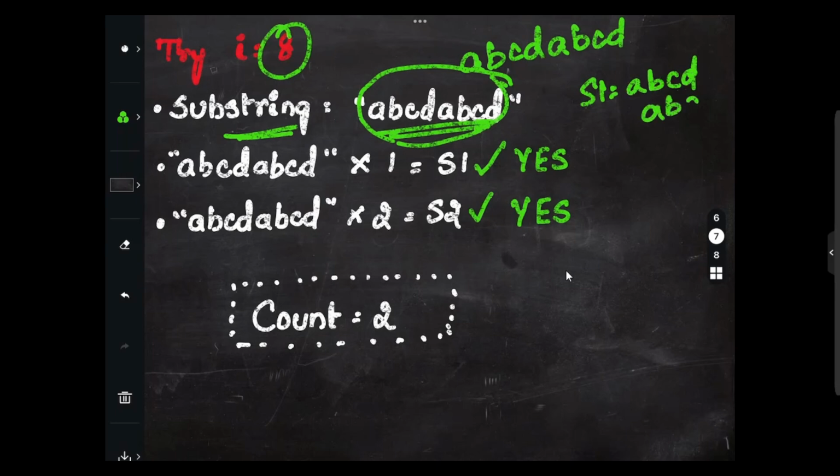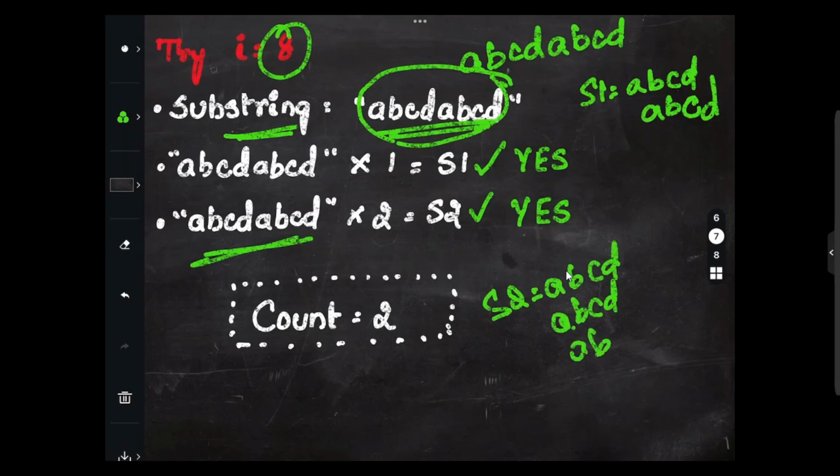And for string S2, we have ABCD 4 times in this case.